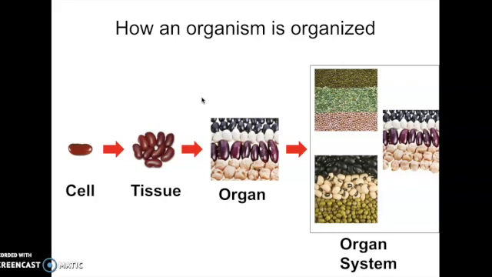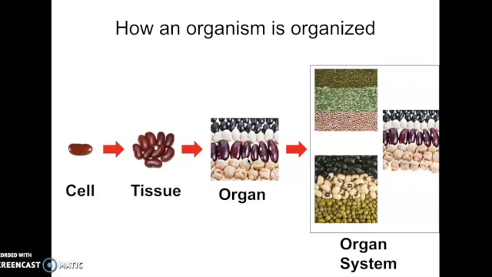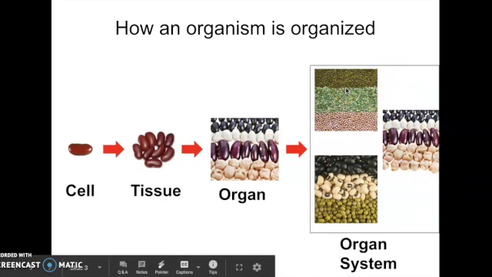Obviously this is super simple because we're dealing with beans, but it's to show us that one cell, when put together with other cells of the same type, would equal that tissue. Tissues come together, differing tissues, to make an organ in our body. And then with the organs all together, like let's say the digestive system, all of those organs together would make an organ system.